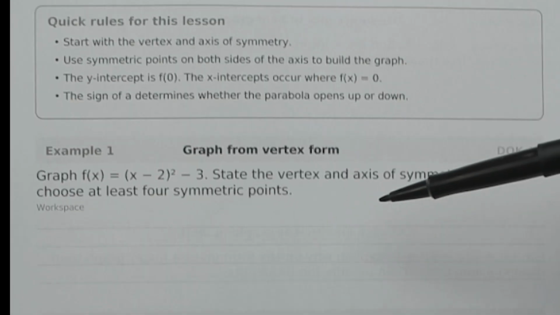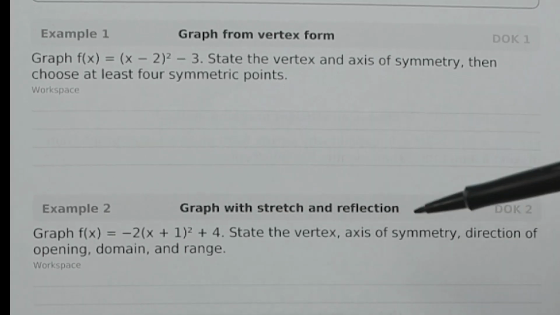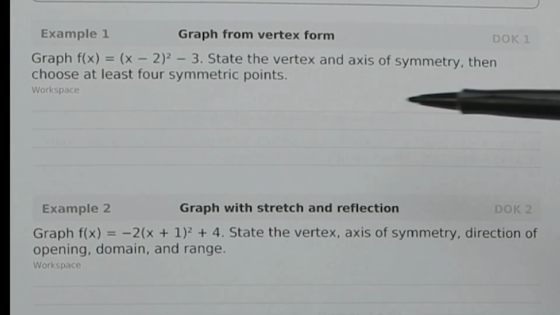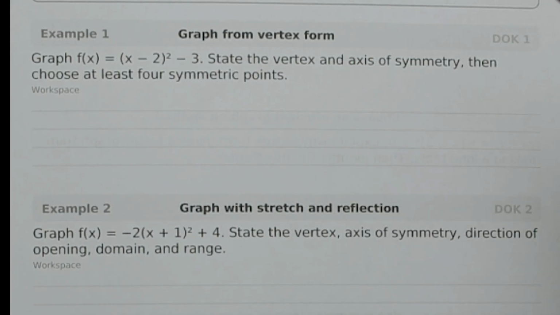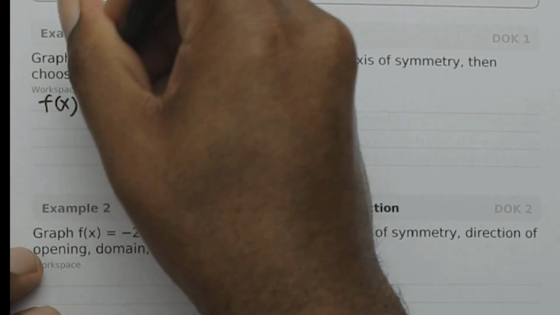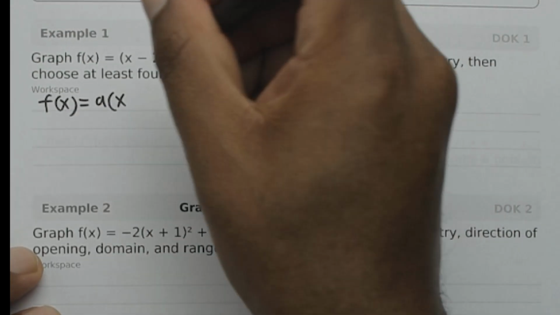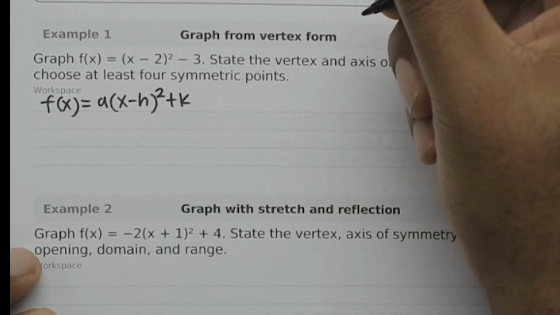Now let's continue. We want to look at the first example. We want to graph this function, state the vertex and the axis of symmetry, and then choose at least 4 symmetric points. Remember the function is f of x equals a times (x minus h) squared plus k.